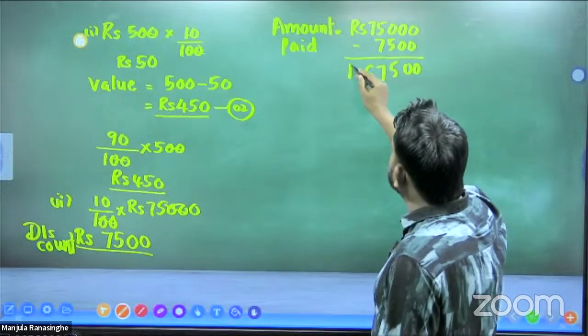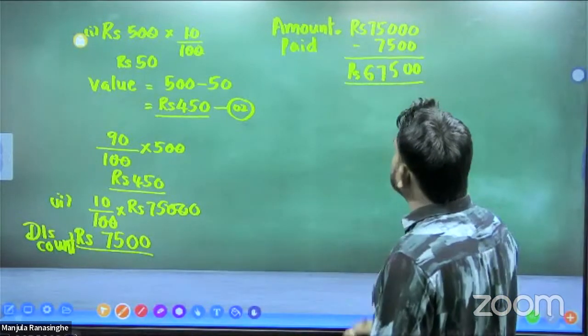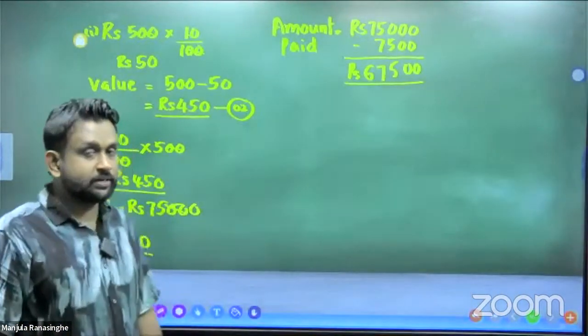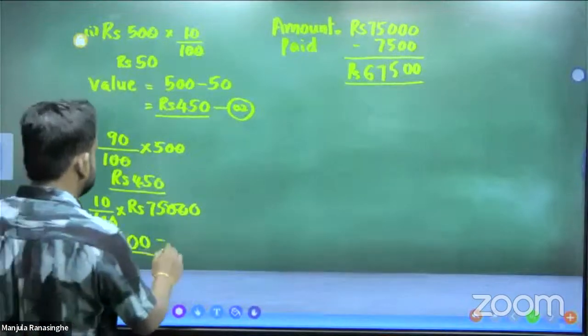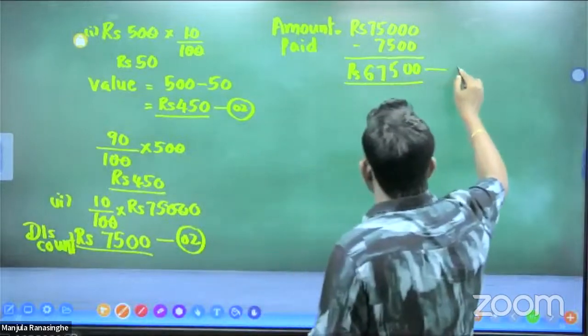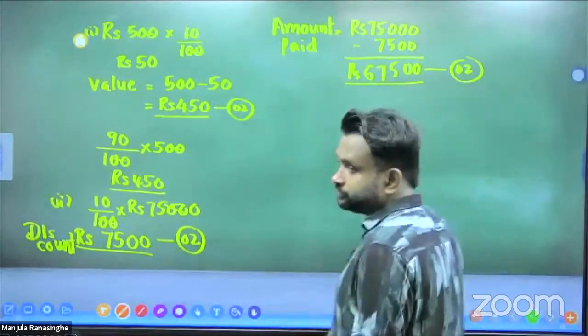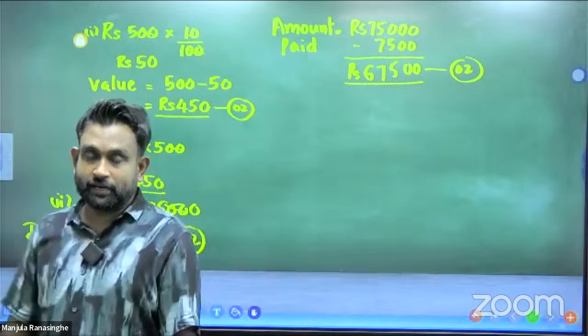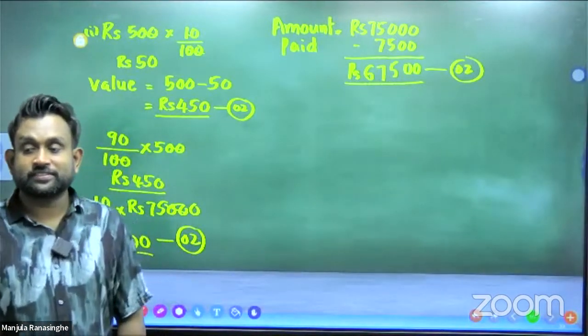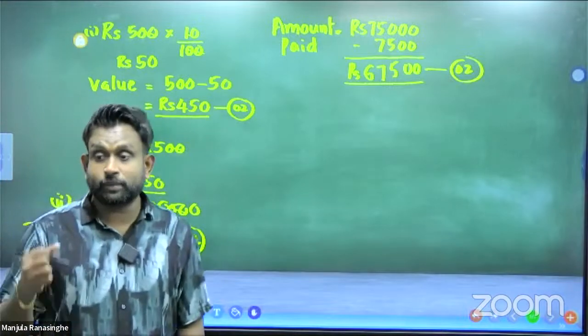So that is rupees 67,500. Okay, right. So for calculating the discount, 2 marks, and here for finding the amount paid, another 2 marks.